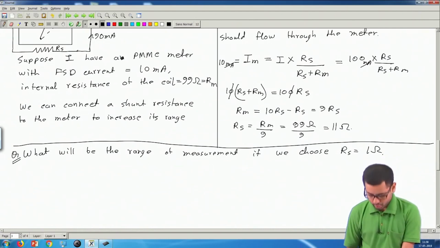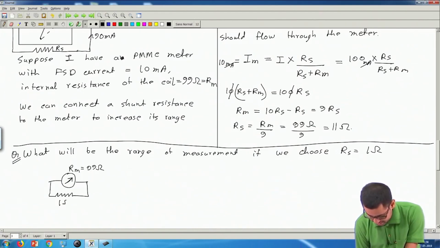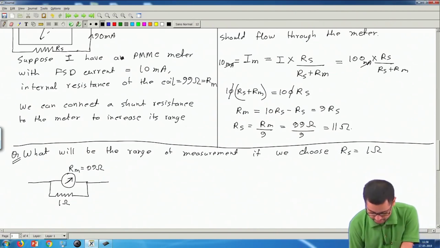So now this is my meter, and we know Rm, meter resistance, is given to be 99 ohm. We are connecting a 1 ohm resistance in parallel. So what will be the range of measurement?